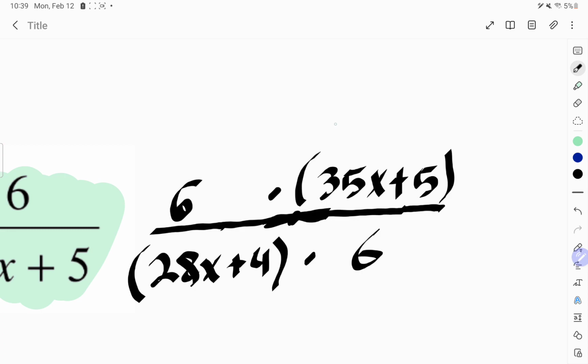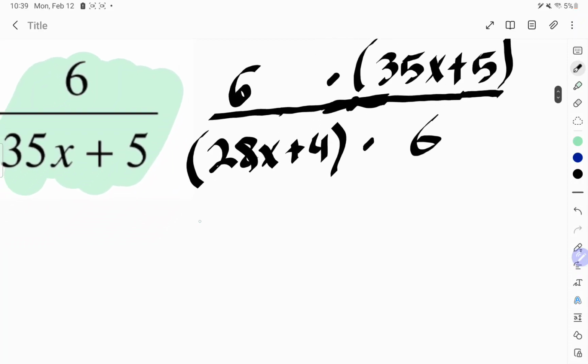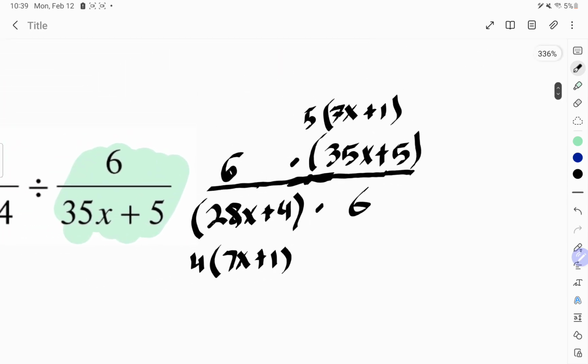So 35 divided by 5 is 7x, and don't forget, I'm going to put the 5 on the outside, and then plus 1. That is the first one. Let's do the bottom part now. I can also factor out, I believe, a 4. I'm going to factor out a 4, so it's going to be 7x plus 1 on the bottom. Okay, so that's what's going to change.